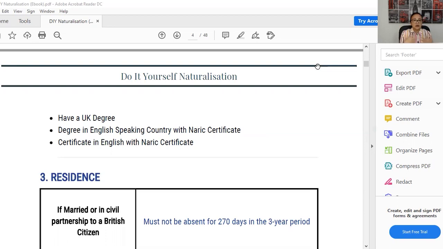And the NARIC costs money, okay? And maybe you have to wait a long time to get the NARIC certificate. So you have to balance whether you want to sit the B1 test, which is very easy, or get your English degree's UK equivalent through NARIC and get the certificate showing what the equivalent of that degree is in the UK.